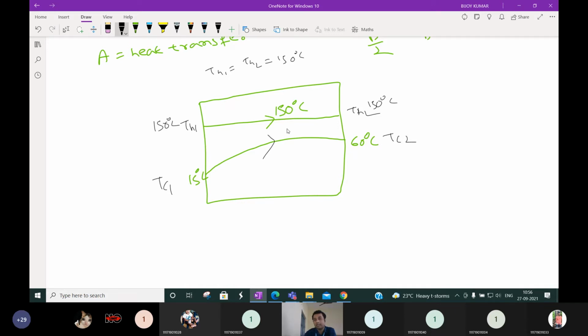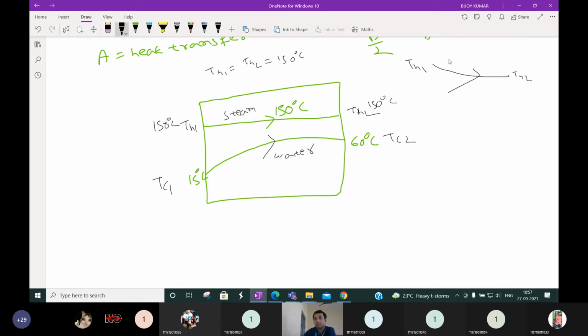Why do I take it like this? Why is the temperature of TH1, TH2 not decreasing in this case? Can anyone say? Because here the hot fluid is not a fluid, it is steam.